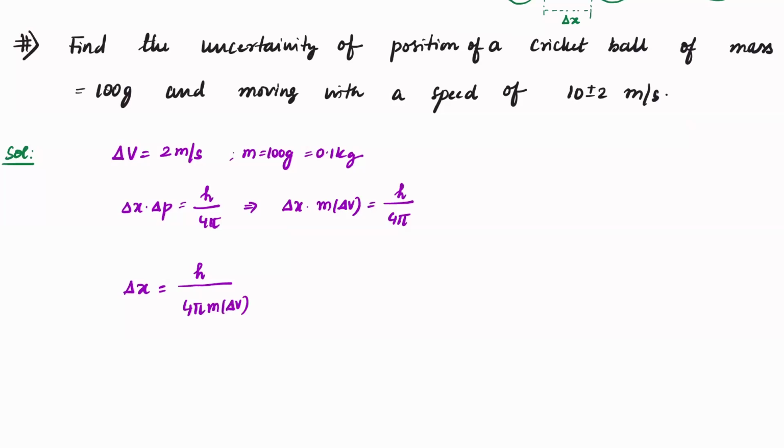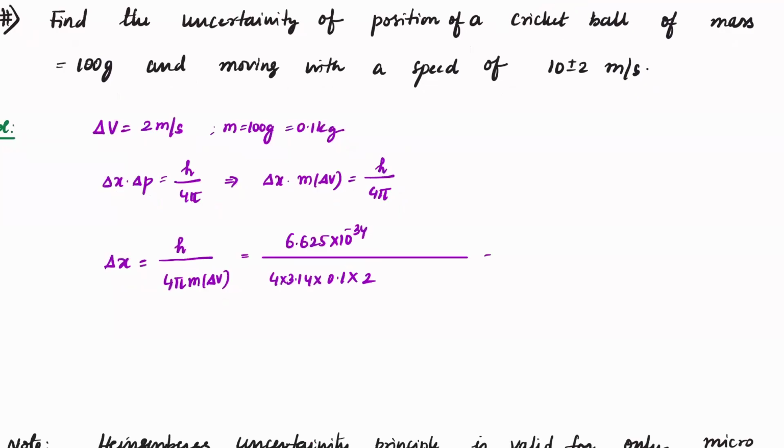That makes it 6.625 times 10 raised to the power of minus 34, divided by 4 times 3.14, times the mass 0.1, times delta v, which is 2. Solving all of that, I get approximately 2.5 times 10 raised to the power of minus 34 meters.